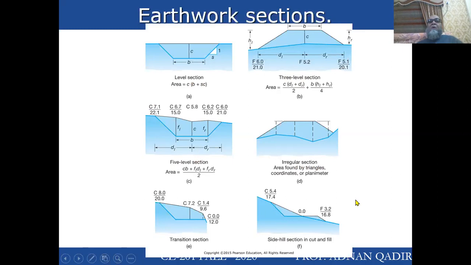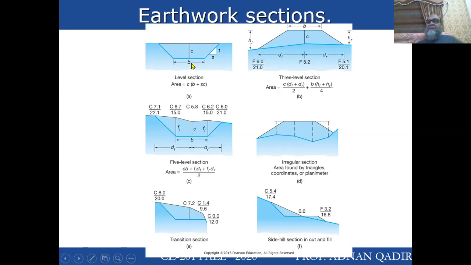Now, how do you recognize them? In the level section, there is only one level given to you, that is the center height C. And then there is a side slope, S is to 1, or you can say 1 is to S, whatever you say. And then this is the width at the bottom.